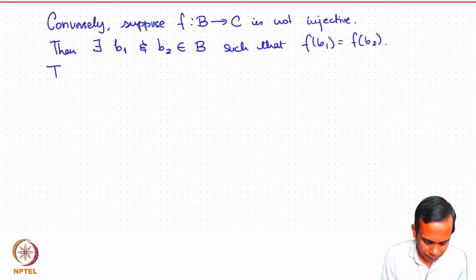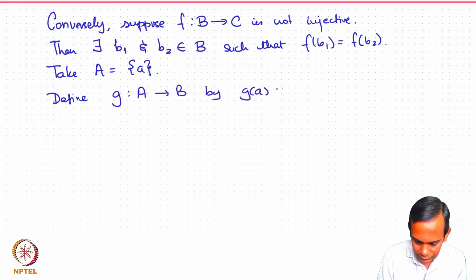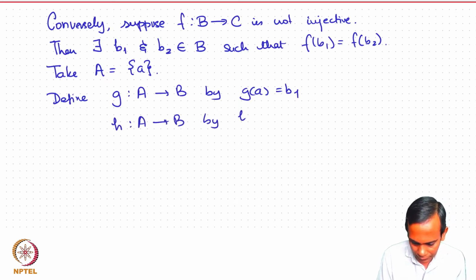Now take A to be a singleton set, just one point A. Let's define G from A to B by setting G of A equal to B1, and H from A to B by H of A equal to B2.